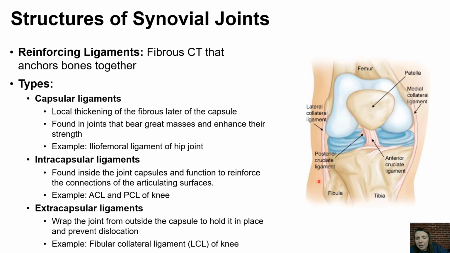So your LCL, by the way, the fibular collateral ligament is the same thing as the lateral collateral ligament. And the medial collateral ligament is also sometimes called the tibial collateral ligament. So your MCL and your LCL would be examples of extracapsular ligaments that are present outside of the joint capsule and function to help hold that joint capsule in place and prevent dislocation of those structures.